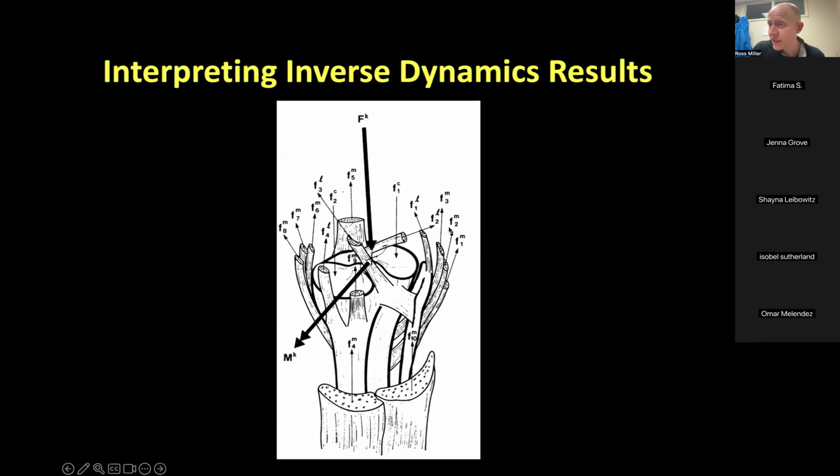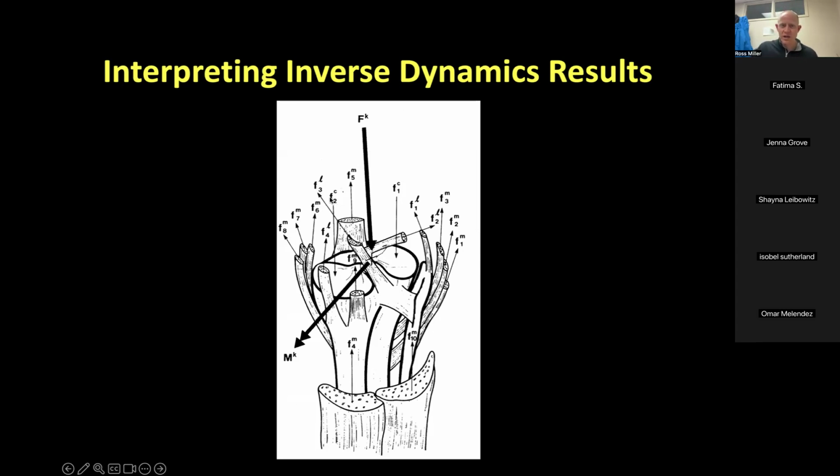The knee also has some ligaments that span it and sustain forces. So that's FL1, FL2. At the time of this figure, we thought there were four knee ligaments. This is an older figure from an older paper. In the intervening time, we've discovered what we think is a fifth ligament at the knee joint, but several ligaments carrying forces here at the knee. And then you also have these two forces here labeled FC1 and FC2.